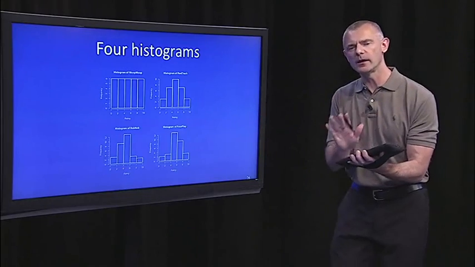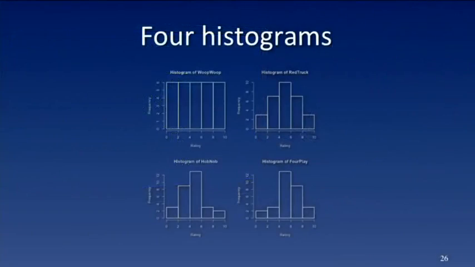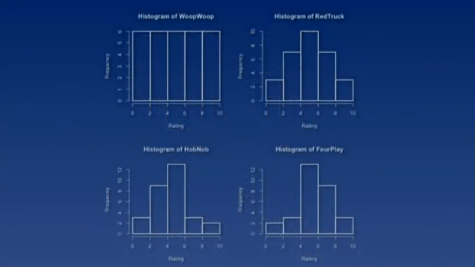I'm plotting 4 histograms all on one slide here, so forgive me, it's a little hard to see. You can zoom in. But I'm plotting them all on one slide so that we can compare what these different distributions look like. So what you see for Whoop Whoop is just a rectangular shape for the distribution.